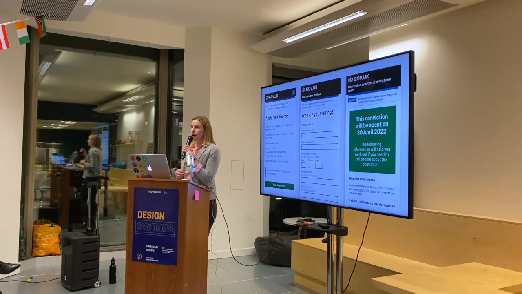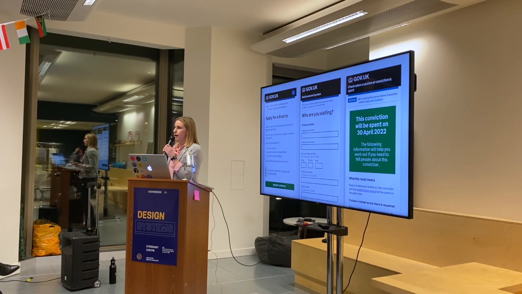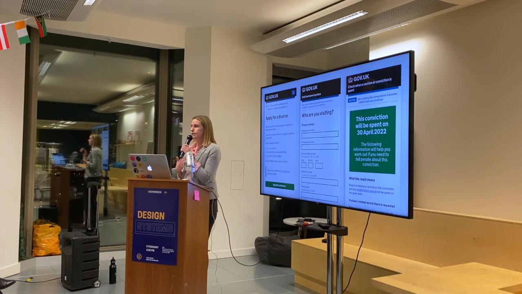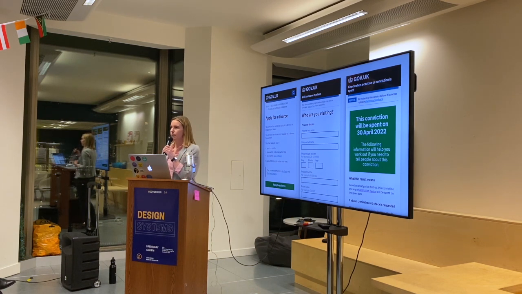Previously, people who are already in quite a stressful situation, friends and family members that want to visit someone who's in prison, would have to literally fax things in or post things into the prison staff, and it would take quite a lengthy amount of time just to be able to book in a visit. And now it's just as easy as booking an EasyJet flight, which is fantastic. So we're easing stress out of what are already stressful situations. We can't take away the fact that it's a stressful situation, but we can make it as easy as possible for them to do what they need to do.